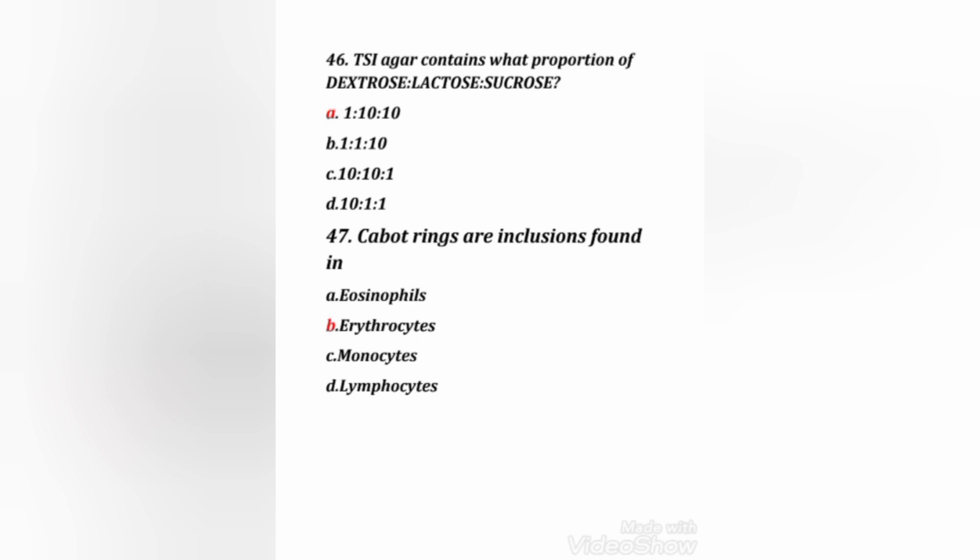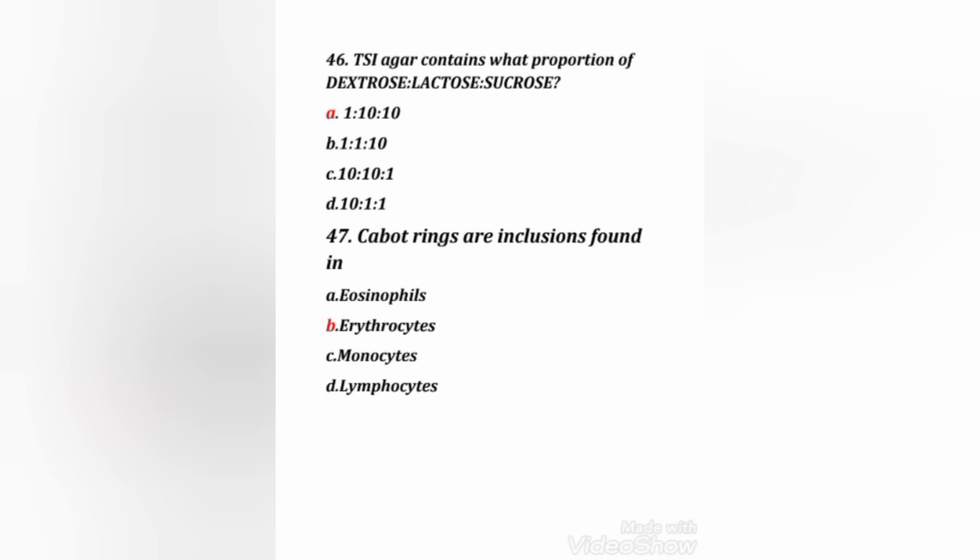Next question. TSI agar contains what proportion of dextrose, lactose, sucrose? 1:10:10, 1:1:10, 10:10:1, 10:1:1. Here the right answer is option A, 1:10:10. And a modification of triple sugar iron agar is Kligler iron agar, which is a differential medium. Next question.